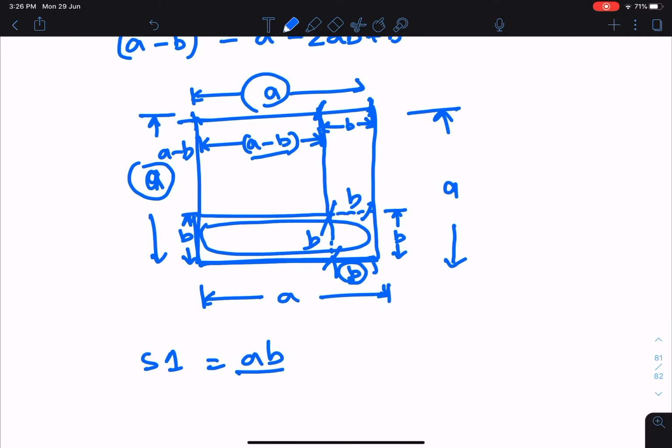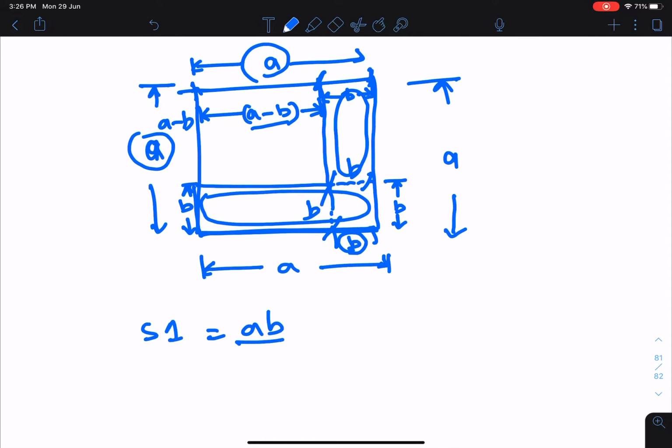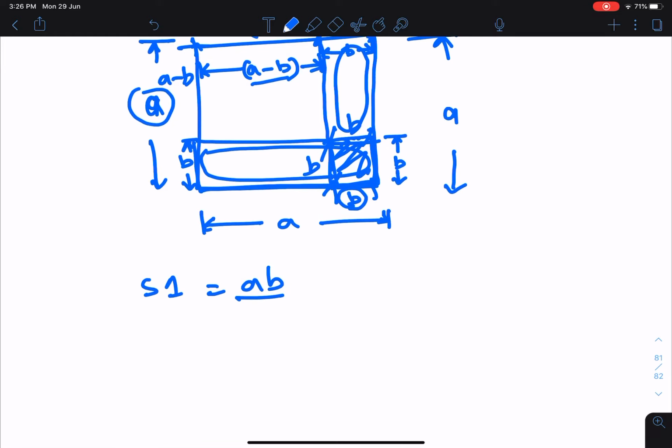Okay, now what will be the area of this section? We need to find out, but before that let's check this small square. What will be the area of this square? All the sides are b, so it will surely be our second square, which we write as S2, which will be equal to b square, right?